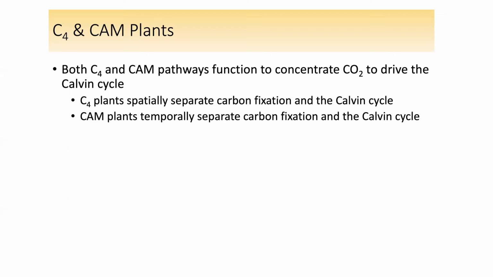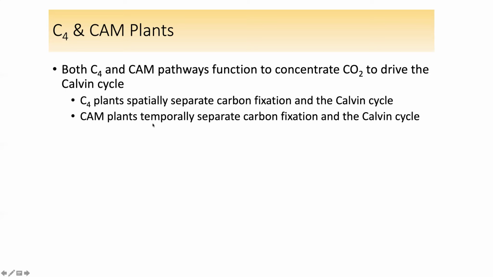So just as a one-line statement to summarize each of these pathways, the C4 plants spatially separate the carbon fixation and the Calvin cycle. Remember, we used mesophyll cells and bundle sheath cells to separate the two processes. The CAM plants temporally separate carbon fixation and the Calvin cycle.